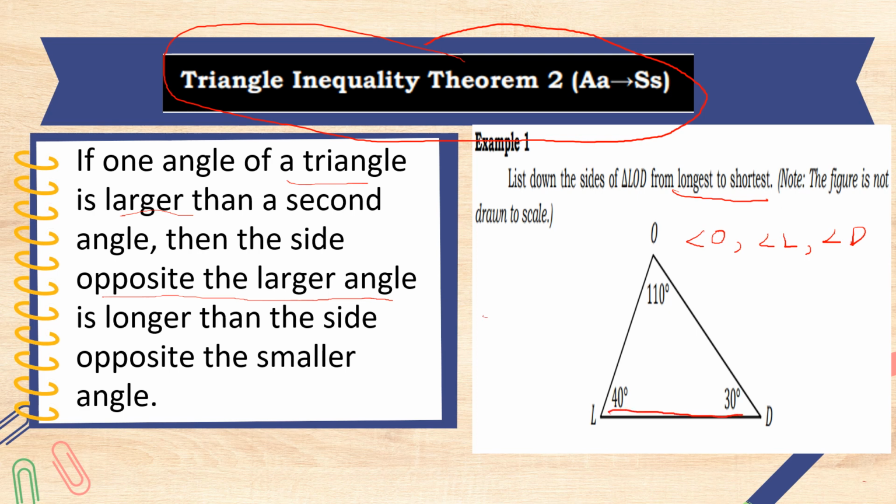Therefore, the longest side is side LD, followed by the side opposite to angle L, which is side OD. Then the shortest side is the side opposite to the smallest angle D. So that is LO. The sides from longest to shortest are LD, OD, and LO.